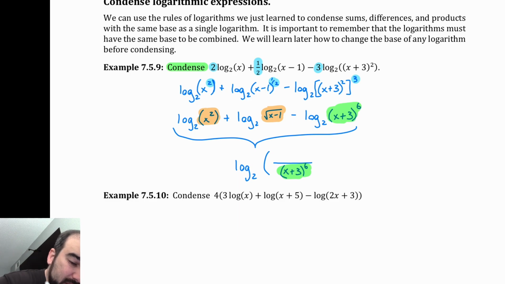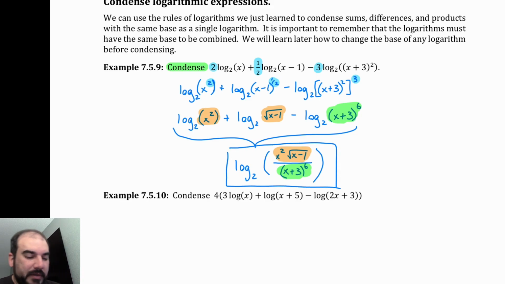So those two, the x squared and the square root of x minus 1, will both be numerators, and those are multiplied together. All right, so we end up with a single logarithmic expression with things in the numerator and in the denominator.